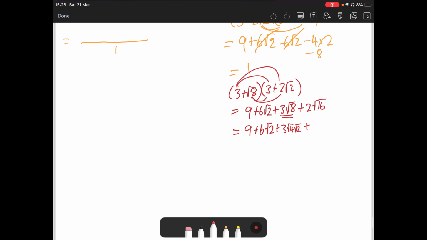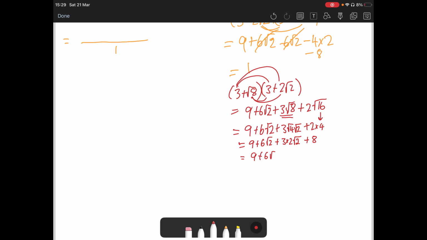Actually, you know what? No, I'm going to show you now. The reason I did 3 root 4 root 2 for this expression above is, well, root 4 is 2. So this becomes 3 times 2 root 2. Plus, well, this is 2 lots of root 16. Now, root 16 is simply 4. So new line of working, 9 plus 6 root 2, plus that, plus 8 at the end.